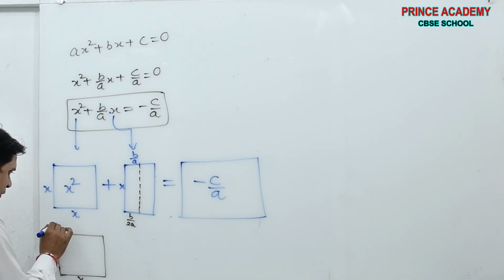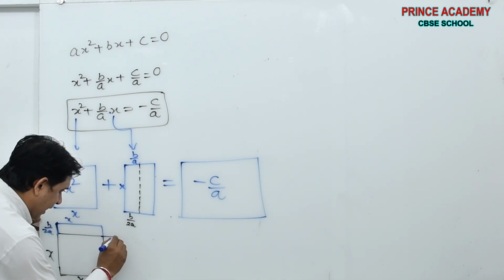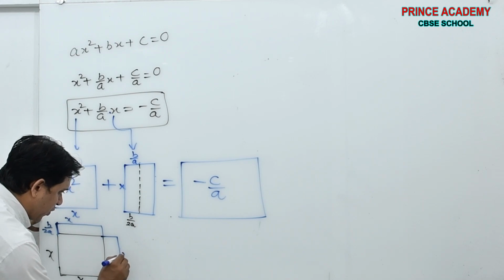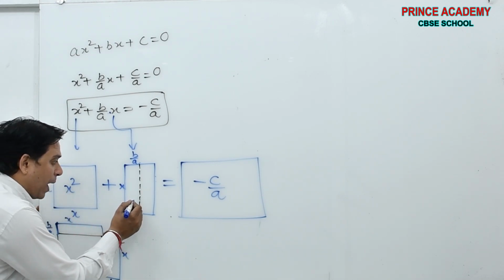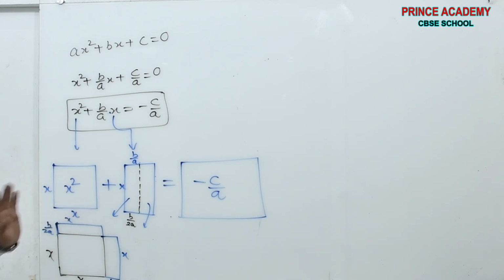Sorry, b by 2a into x. One rectangle was added here, and another b by 2a into x. Two parts of these rectangles were added to the x square.